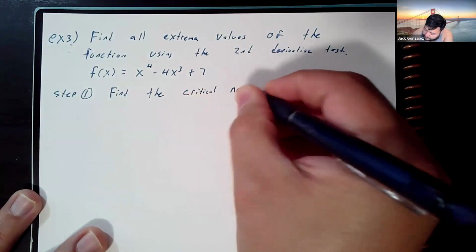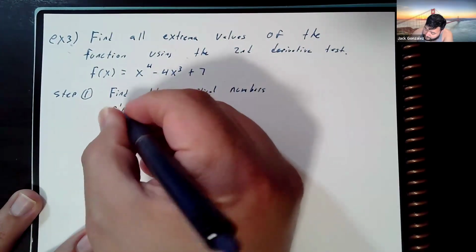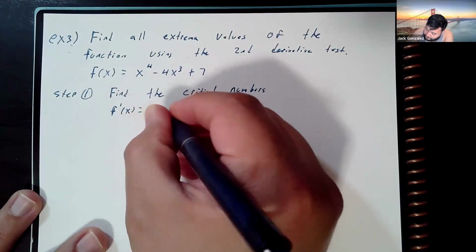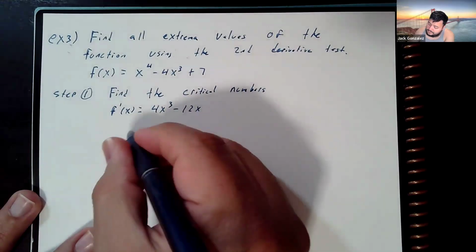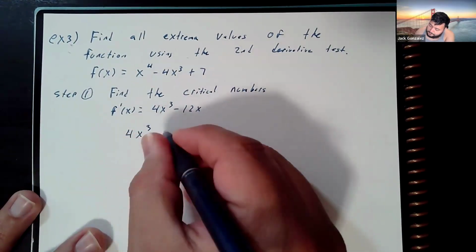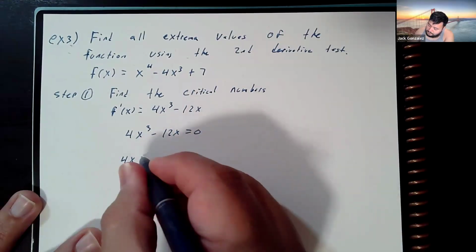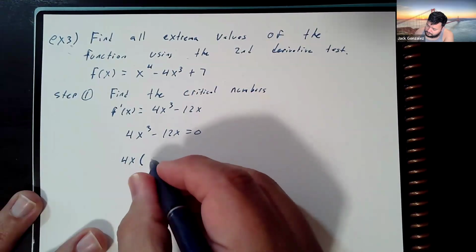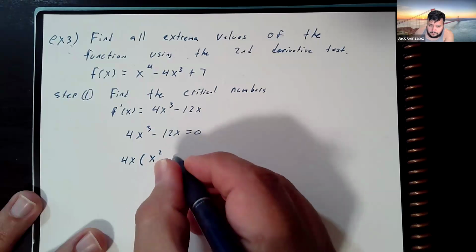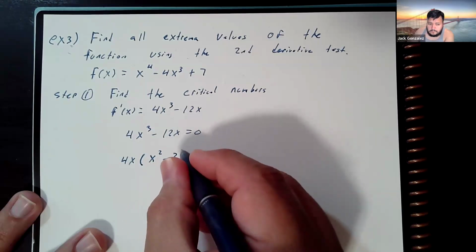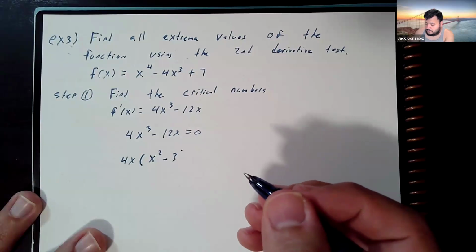We find the critical numbers of f. So first derivative will be this guy. Set this to 0.